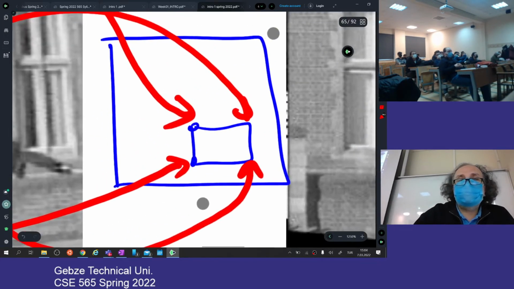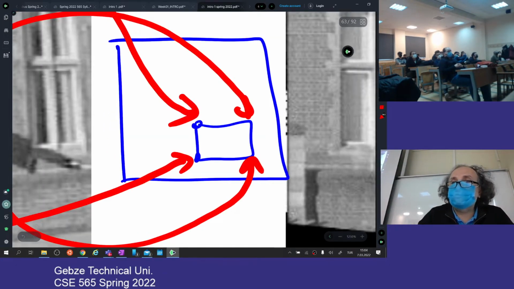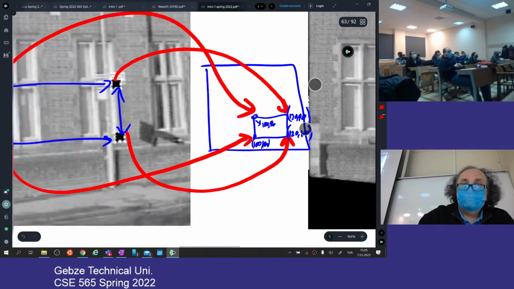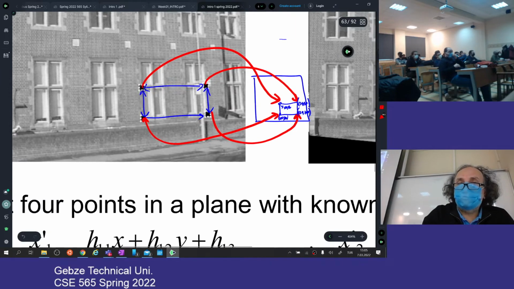So in my ideal image, I would say this is my 100 by 100, this one is 100 by 90, this one here is 120 by 90, and this one is 120 by 100, right? So hypothetical image, and I know the coordinates of these 4 points.